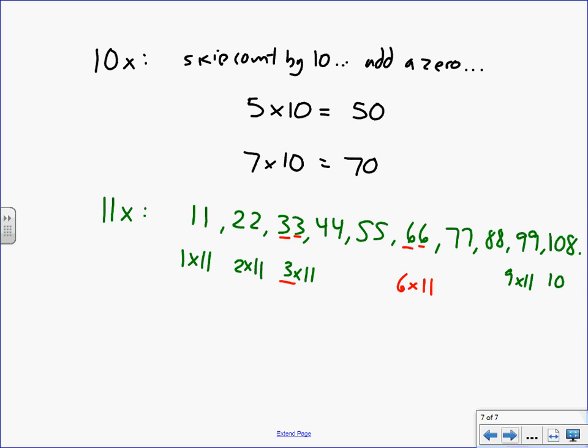Sorry, I added 9. I need to add 11. So 10 times 11, that's easy. It's 110, you just add a 0. And then 11 times 11, you take your 110 plus 11. So that's 121. And 12 times 11, you take this plus 11, 132.